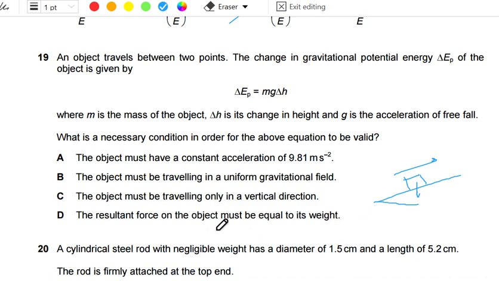Resultant force also need not be equal to its weight. Okay, it depends whether there is air resistance or friction or not. So the only right answer is B, and uniform gravitational field means that g is constant.